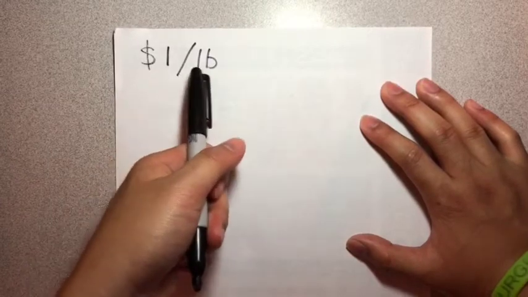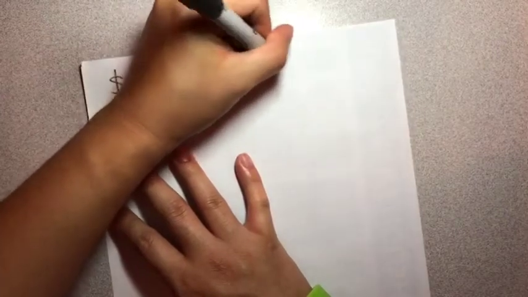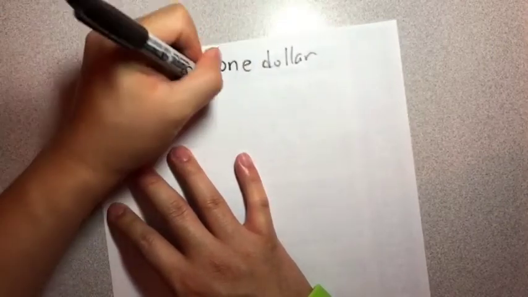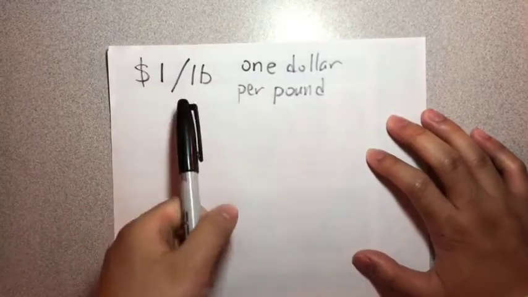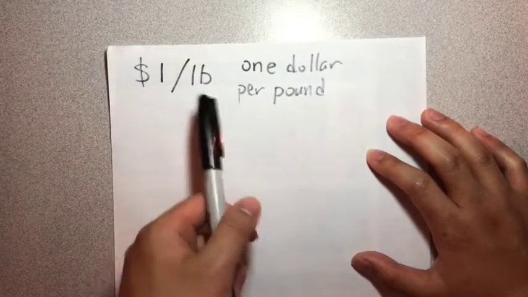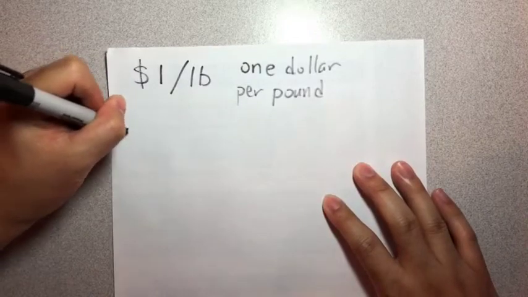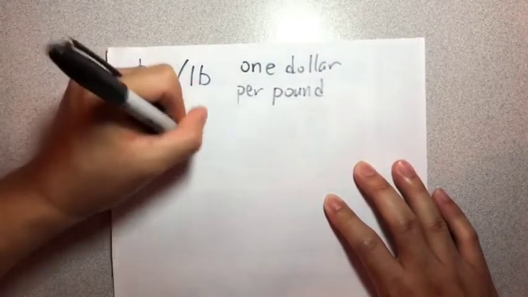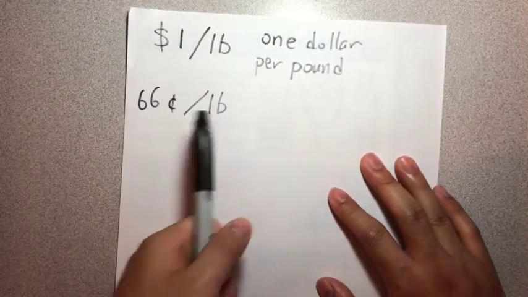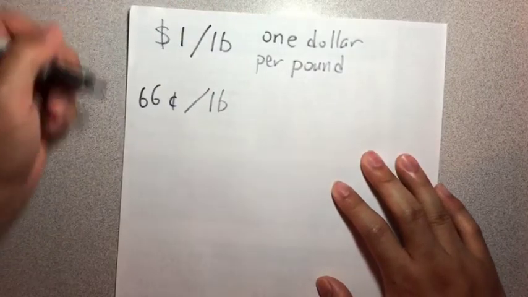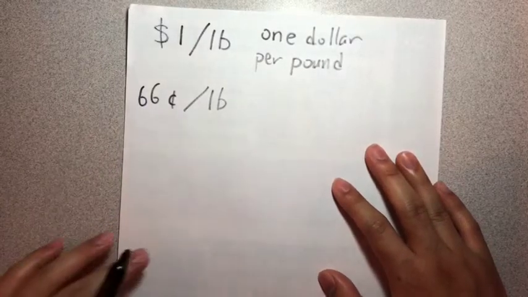This is $1 per pound. That means for every pound of food you buy, you pay $1. This is 66 cents per pound. This means for every pound of food you buy, you pay 66 cents.